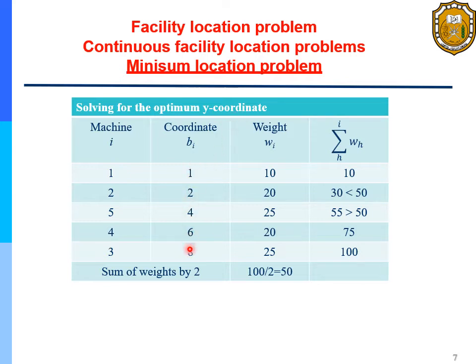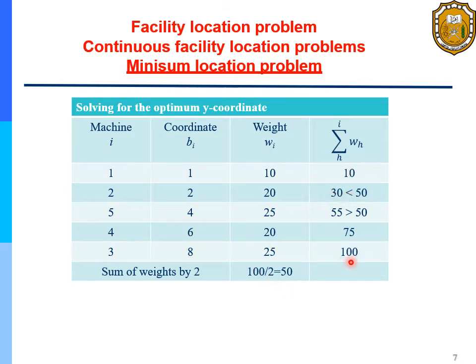So we are simply ordering the machines with respect to their y coordinates in ascending order. Okay, so we have a facility with a y coordinate of 1, another with a y coordinate of 2, etc. And then again we list their weights, and these should be the corresponding weights for these machines. Okay, and then calculate the partial sums.